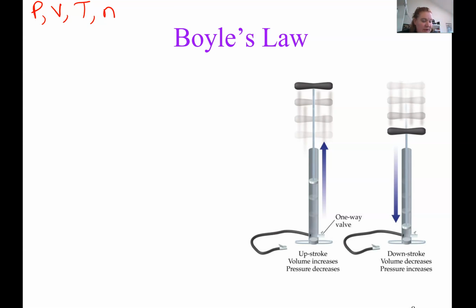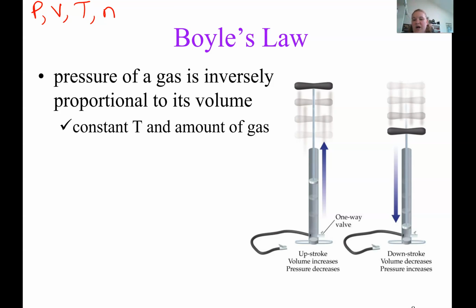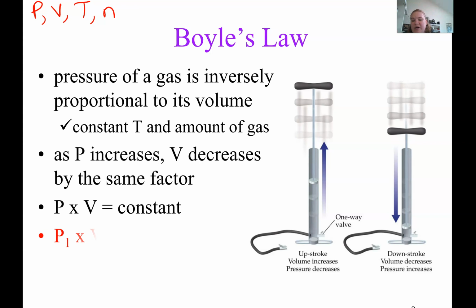So in these equations, these laws, we're going to be comparing 2, maybe 3 of these variables, but that's also assuming that the other ones are constant. So let me show you what I mean. Boyle's law is the comparison of pressure and volume. So our equation down there says that P1 times V1 equals P2 times V2.